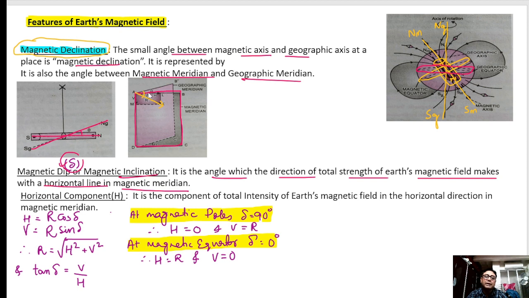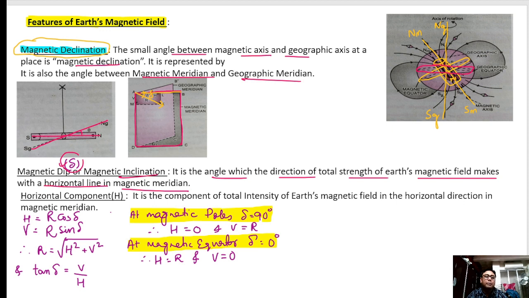This is the horizontal. Total Earth's magnetic field making an angle with the horizontal of the magnetic meridian. That is magnetic dip. Clear?